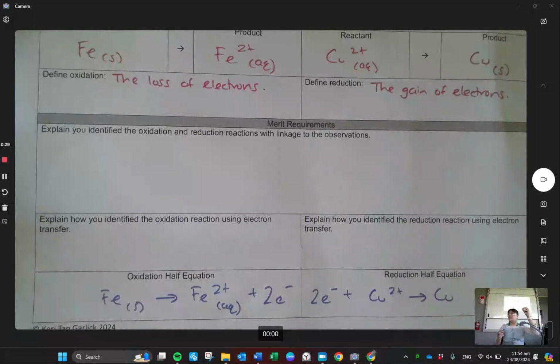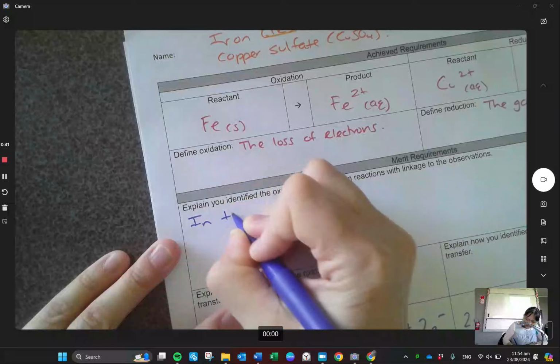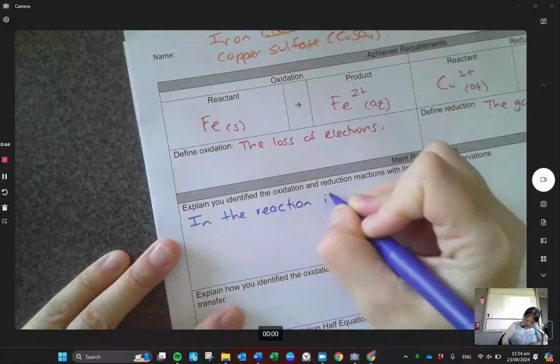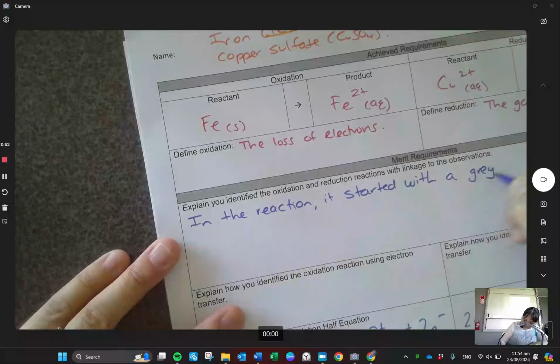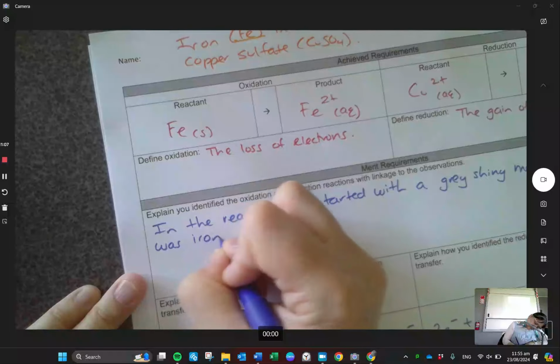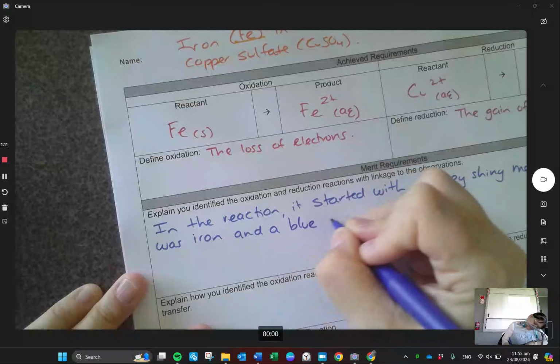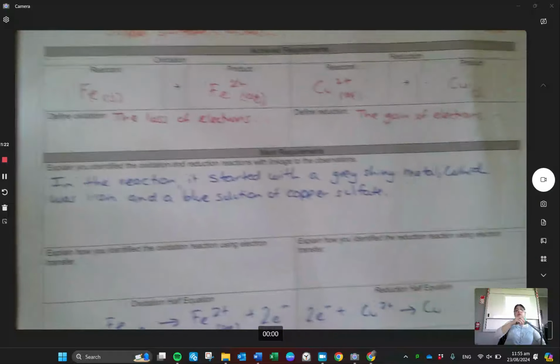We first started with a gray silver metal, which we've identified as iron, and a solution of copper sulfate, which is blue. So the solution was blue because of the copper 2 ion.